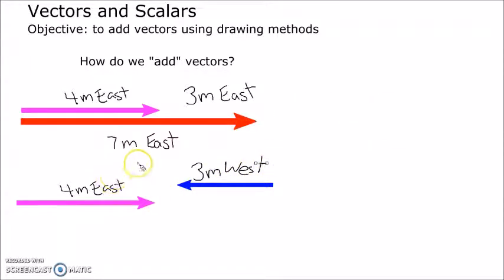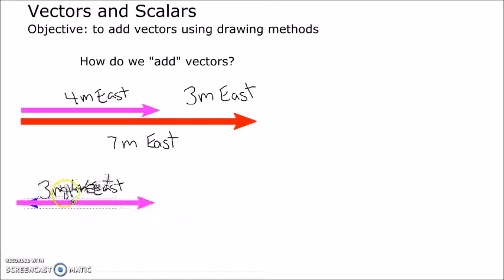The difference here is that instead of going in the same direction, they're actually in opposing directions. If you can imagine walking from the start to here, and then somebody walks back this way, you can see that from our beginning, we're starting here, but we actually end up in this location.